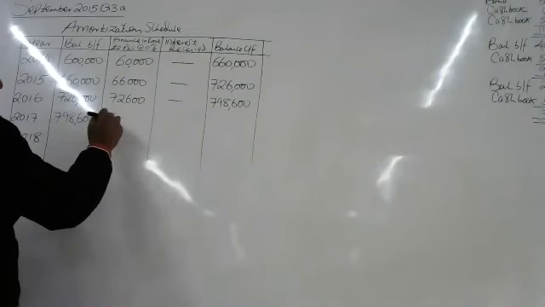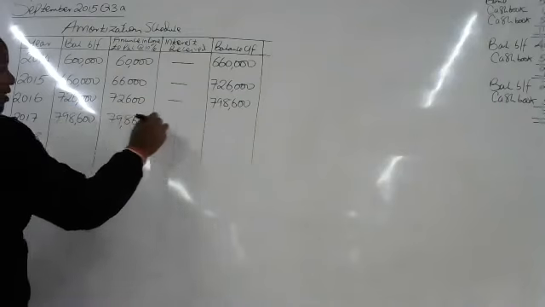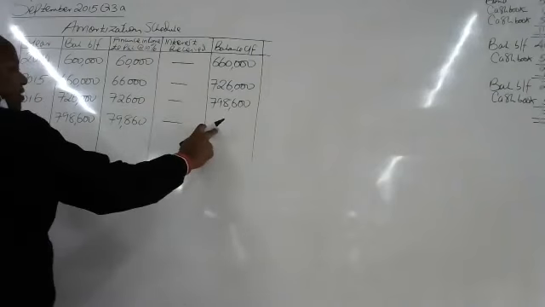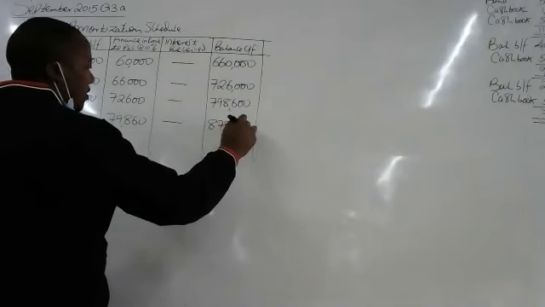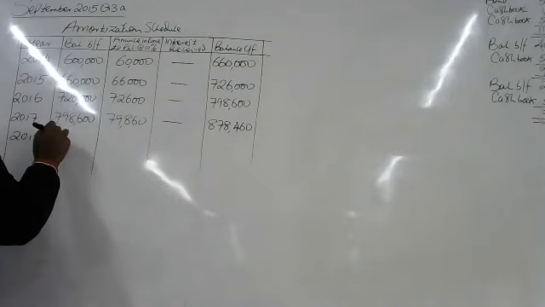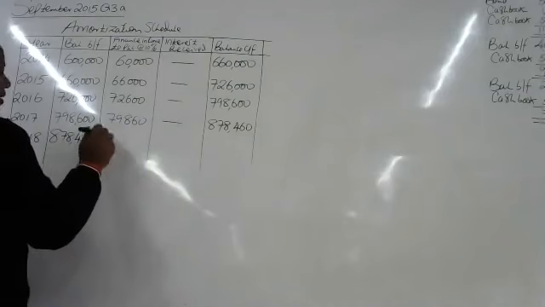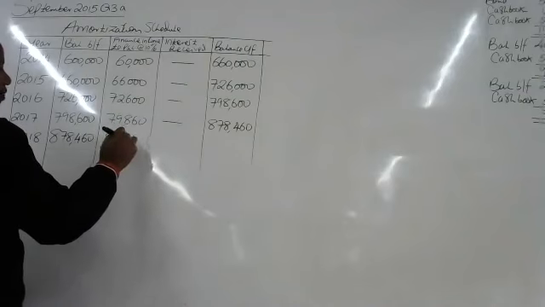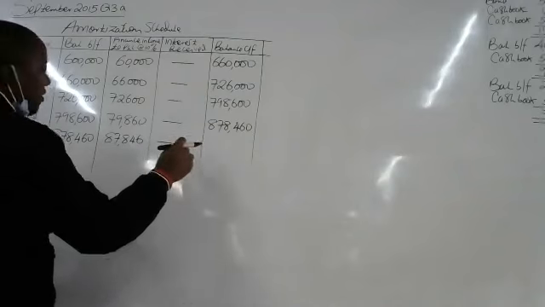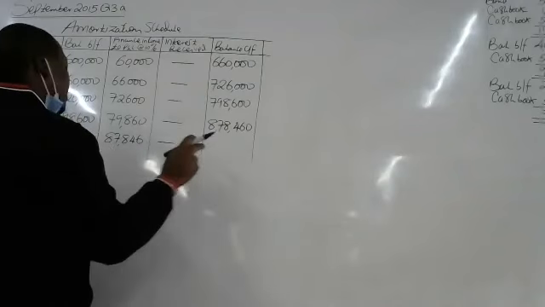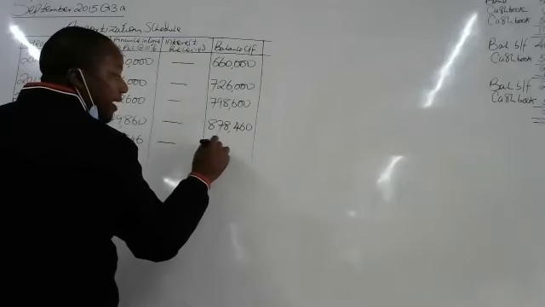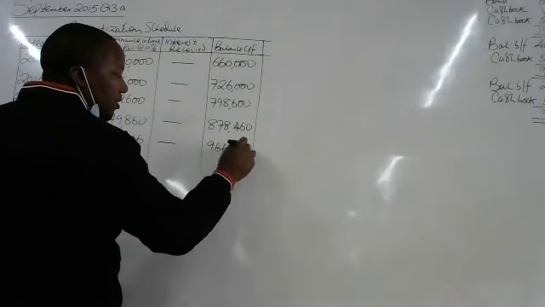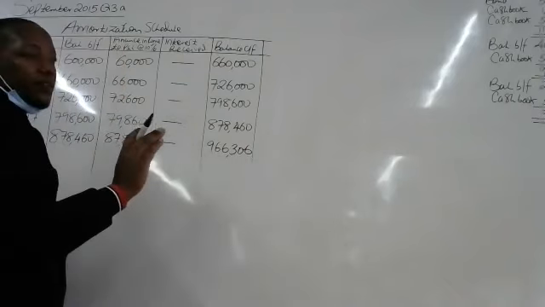Then 10% is 79,860. No coupon, so the balance at the end is 878,460. And then 878,460, 10% is 87,846. No coupon, but it will be redeemed at what? This plus this equals 966,306. That is what is payable on maturity.